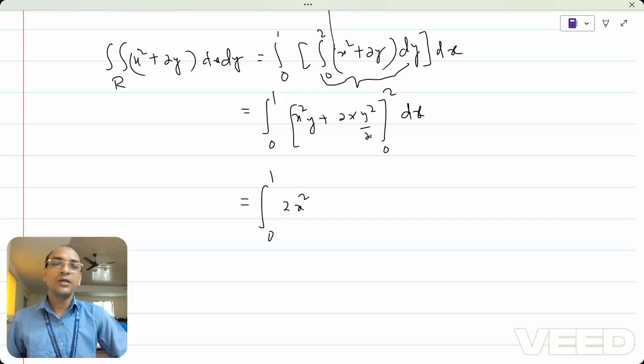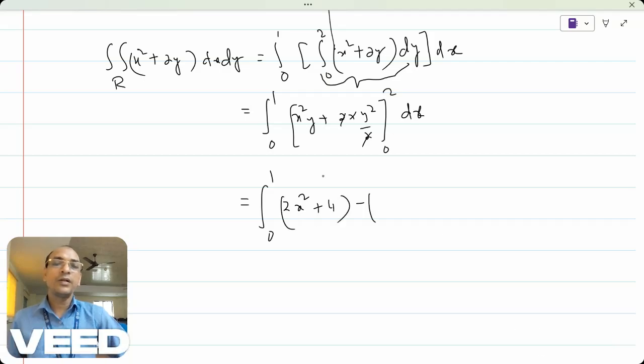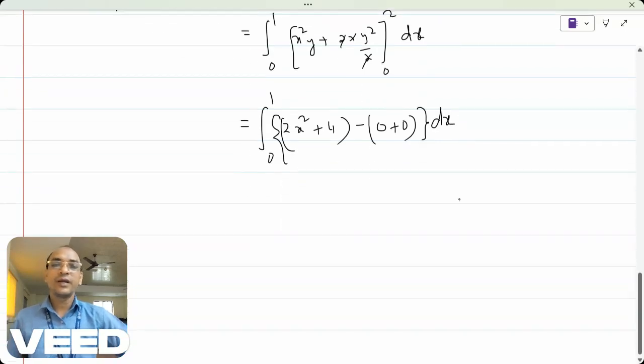Here the 2s get cancelled, so y square means 2 square, plus 4. This is my upper limit minus the lower limit. I will put y is 0. 0 into x square is 0, and here 0 square is 0. So this will be the thing, and I will integrate it with respect to x.